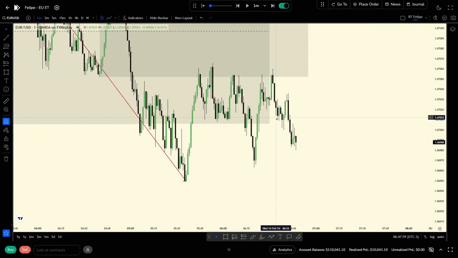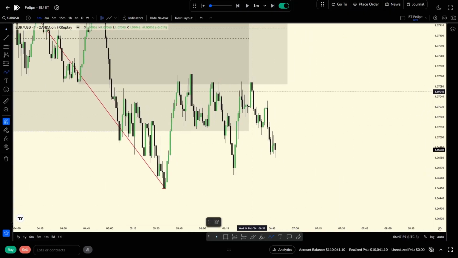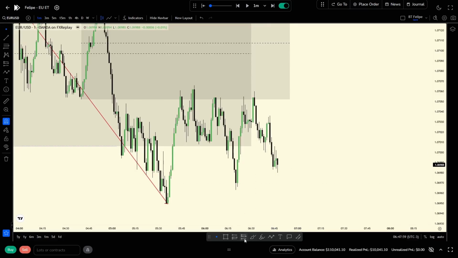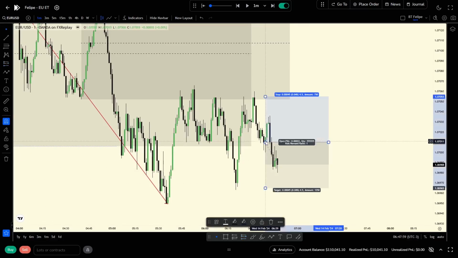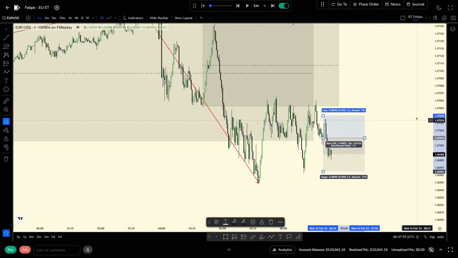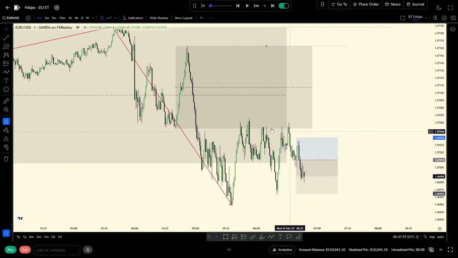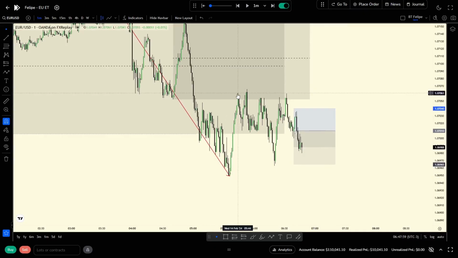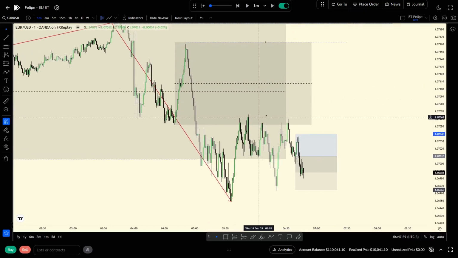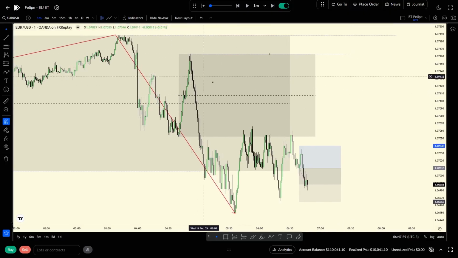There was one here to short. I'm not going to keep doing this because it takes a long time, but I think you can see it. We could try this short, but the only problem... the pros of this short is that we already tapped this POI and there is no liquidity here on this leg to go up.